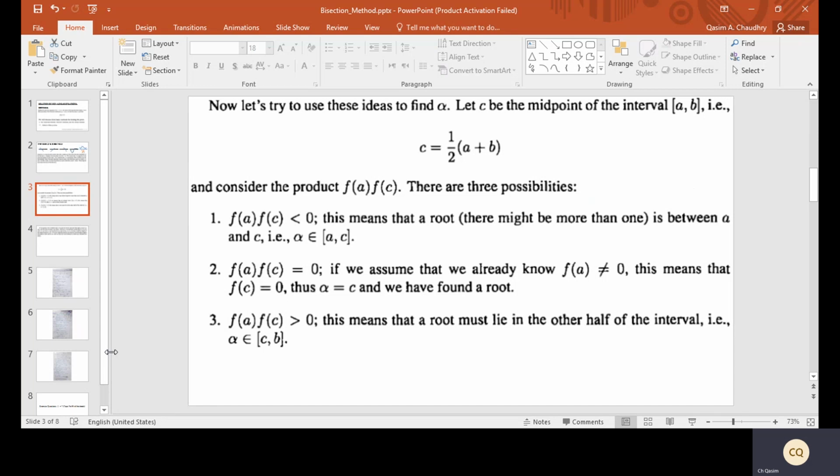Okay, so students, here we have now the method, and this is a very simple, very easy method. You will be surprised to know that it is such a simple method, but it gives you a very accurate root, but it takes a lot of time.